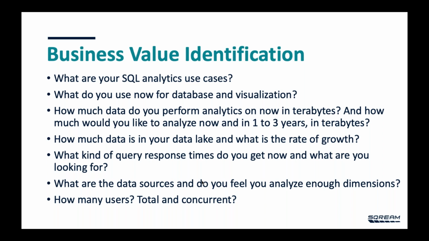SQream can handle that data. SQream can process all that data and keep the percentage you're analyzing consistent with the growth of your data lake, and give you much faster response times, where the others are likely going to time out. So that's dimensions and volume, and then I talk about how many users.